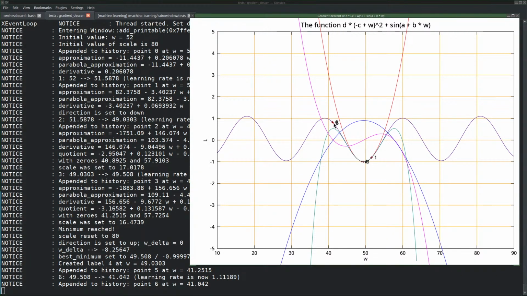And then it added one more point, number 6, simply by making a little step again, just the learning rate thing, except that now it's going uphill instead of downhill, because this one also investigates maxima if they exist.